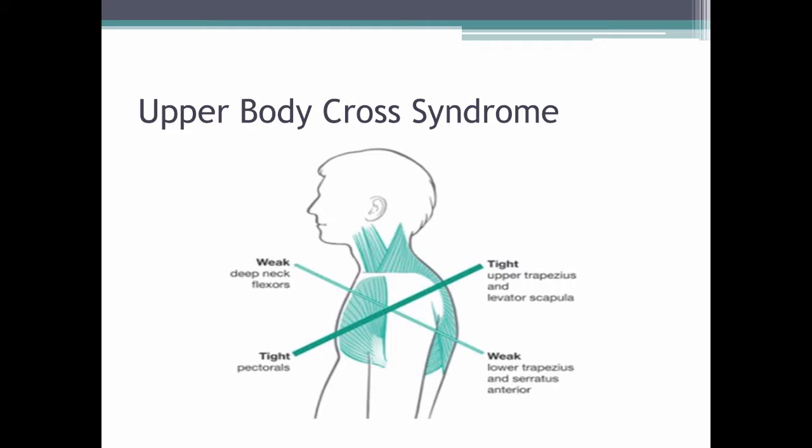So the upper traps and the levator scap are tight. And then you have tight pecs, and then you have weakness in the lower trap and the serratus anterior. So that's what we see from this chronic posturing: weakness on one side, tightness on the other.